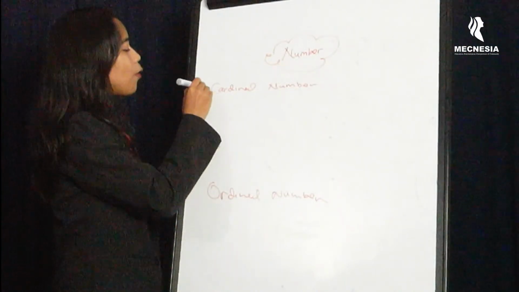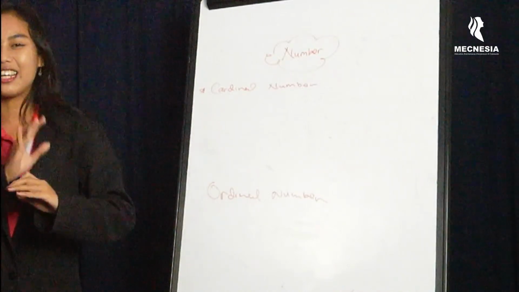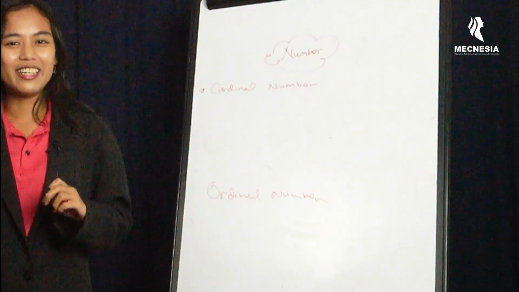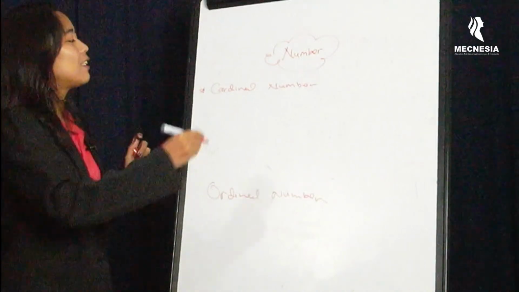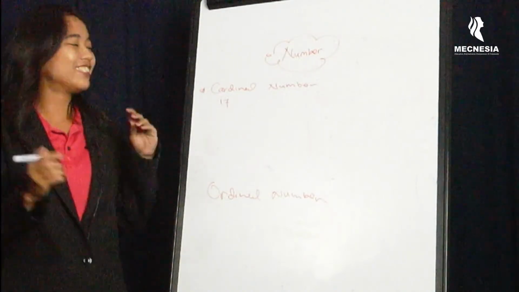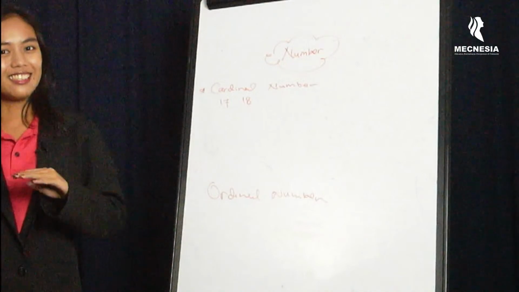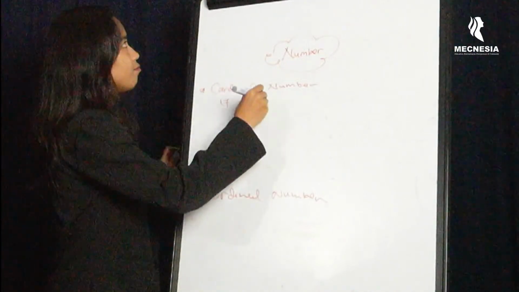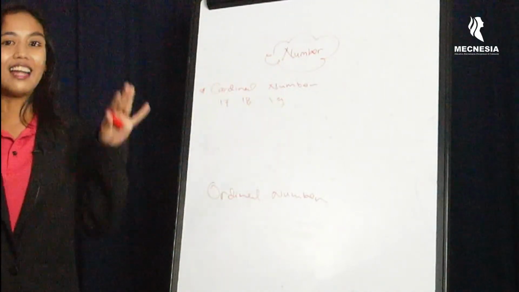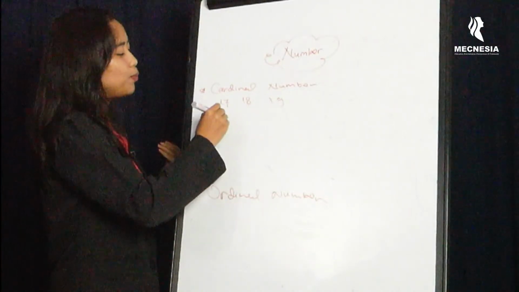So, kemarin kita ngomongin angka belasan. Oke, ada yang ingat belasan berakhiran apa? Very good, it's teen. So, 17 adalah 17. 18 is 18. Great. How about 19? 19. Very good. Next, we have 70.